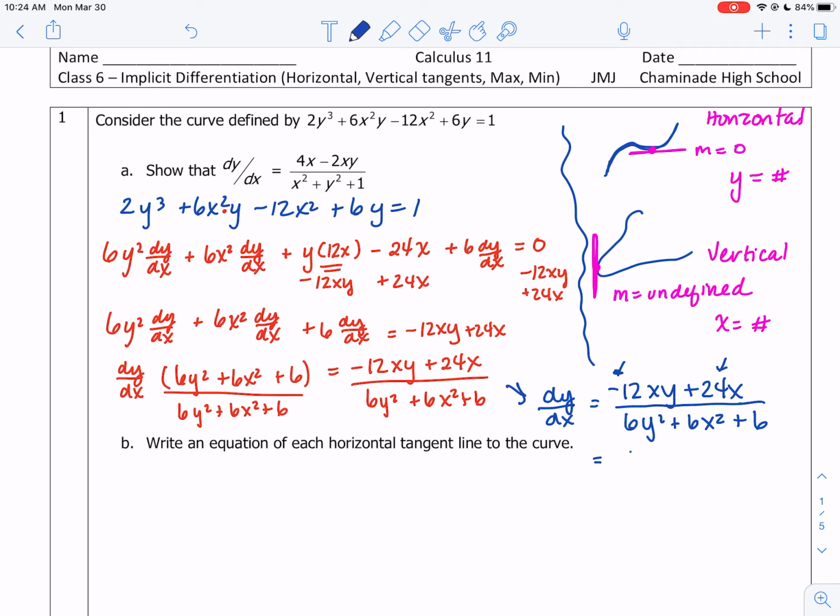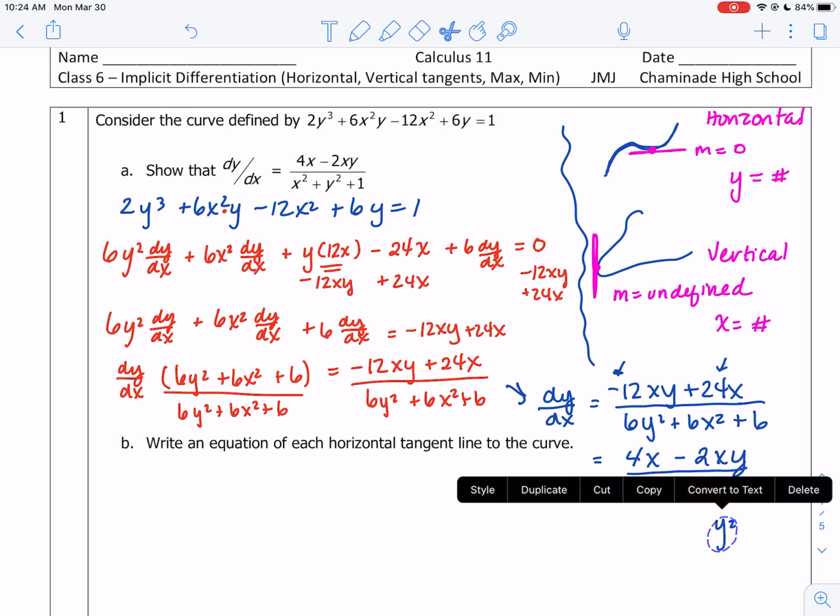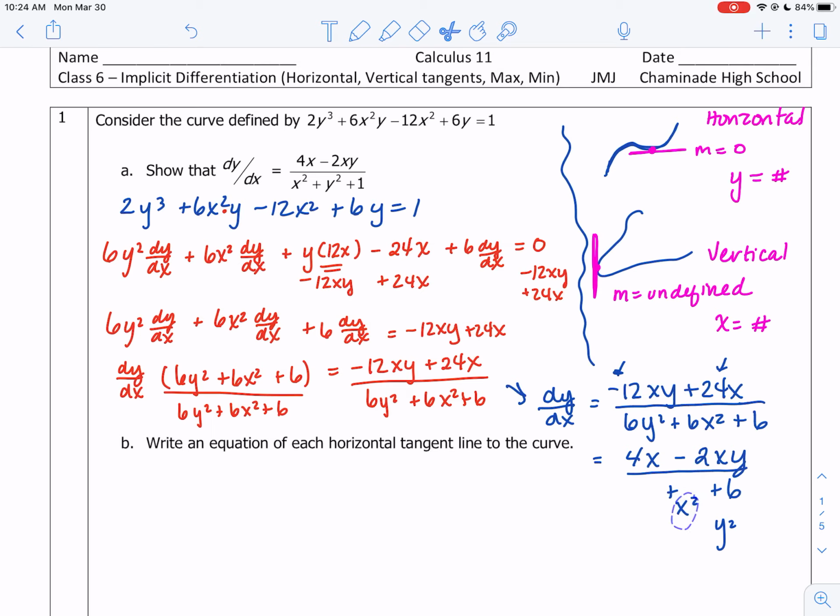So 24 divided by 6 is 4x. 12 divided by 6 is minus 2xy. And then we have that all over y squared plus x squared plus 6. Exactly what we have above. Remember, addition is commutative, so if you'd like to, you can actually change these back and forth just to put them in that proper order. That's the first part of that question.